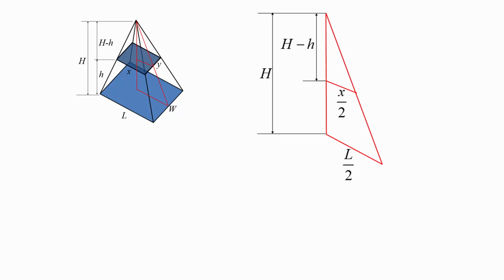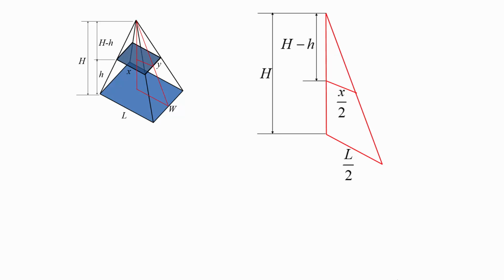On the left we have our similar triangles, and in more detail on the right, the small triangle has base x over 2, and the base of the larger triangle is of length L over 2. And of course we also have the corresponding heights for those two triangles. Capital H minus little h for the height of the smaller triangle, and of course capital H for the larger.